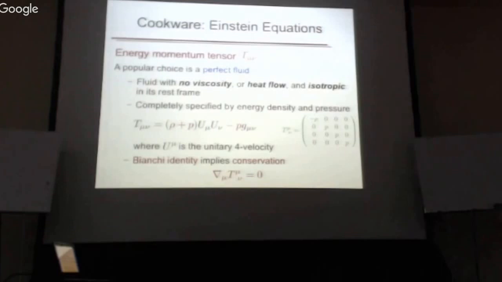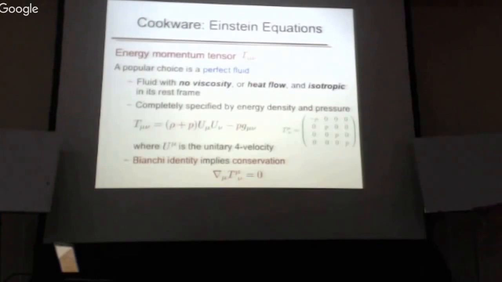And the easiest way to remember the energy momentum tensor of a perfect fluid is to put one index up, one index down, take this one and contract it with a metric, and what you get is minus rho in the 0,0 component, and then plus the pressure for the spatial components.